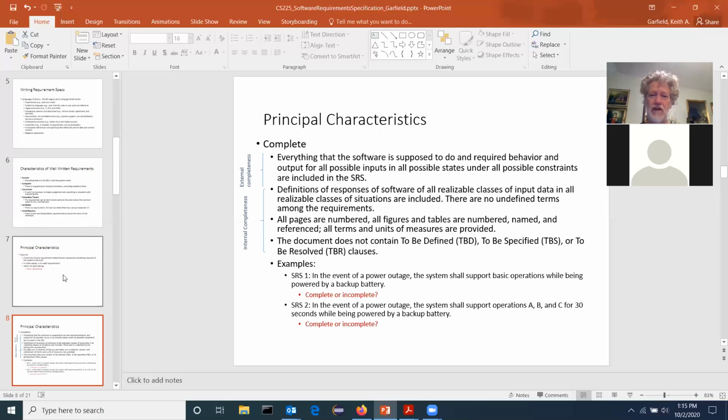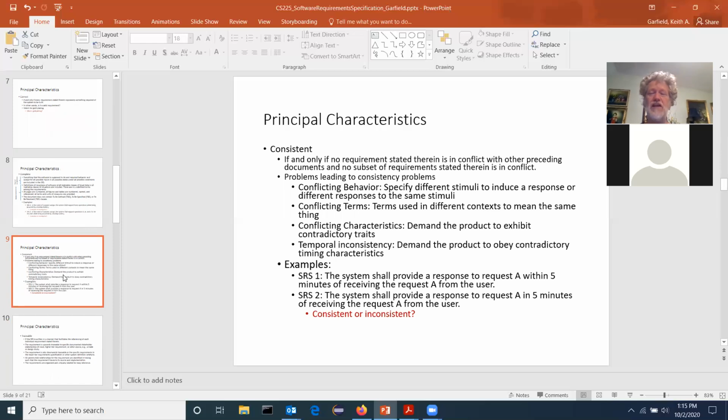Completeness, again, defines everything the software is supposed to do. Consistent: when you start to make requirements, in this class I'm going to ask you to just make 5. The idea is to give you practice and some feel for creating requirements. And when you take SE300, you're going to make more. Your project will be in a team and you're going to make more requirements, and it would not be crazy to have 40, 50, 60 requirements.